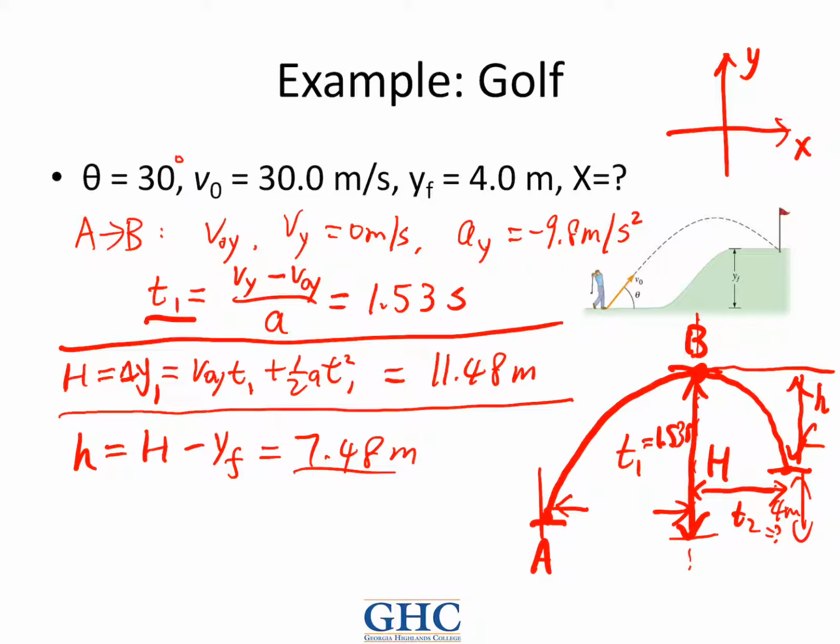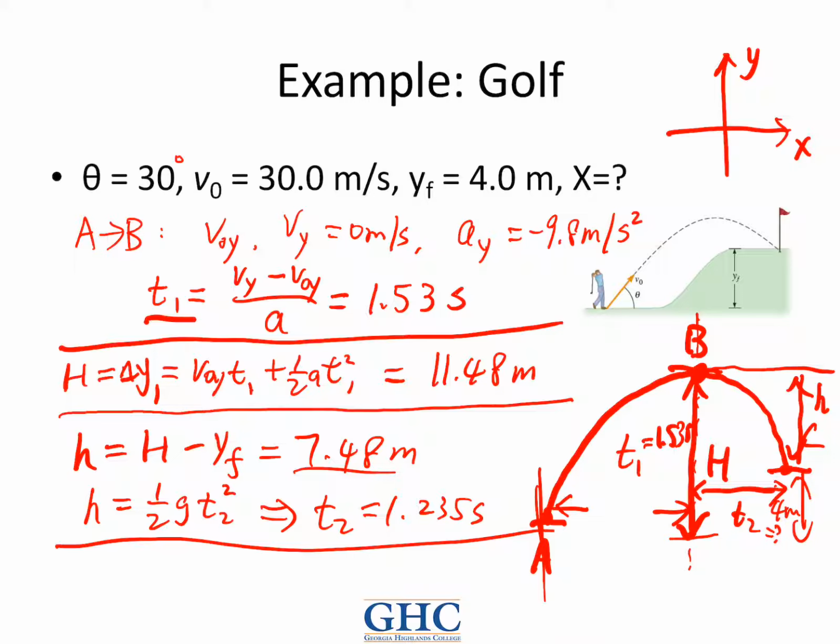Now, from B to C, the golf ball in the vertical direction is doing a free fall with initial velocity 0. So you can calculate the time it takes for the golf ball to drop from B to C, T2. I solve it as 1.235 seconds.